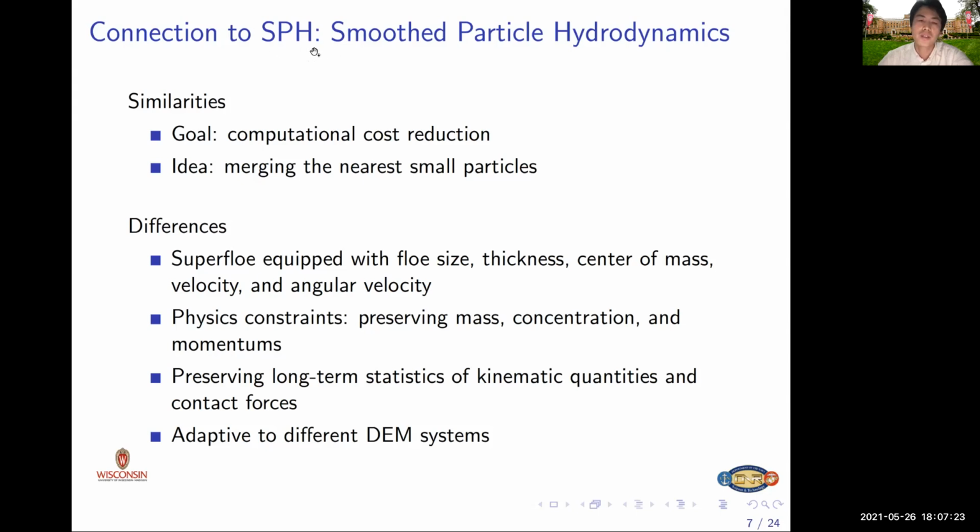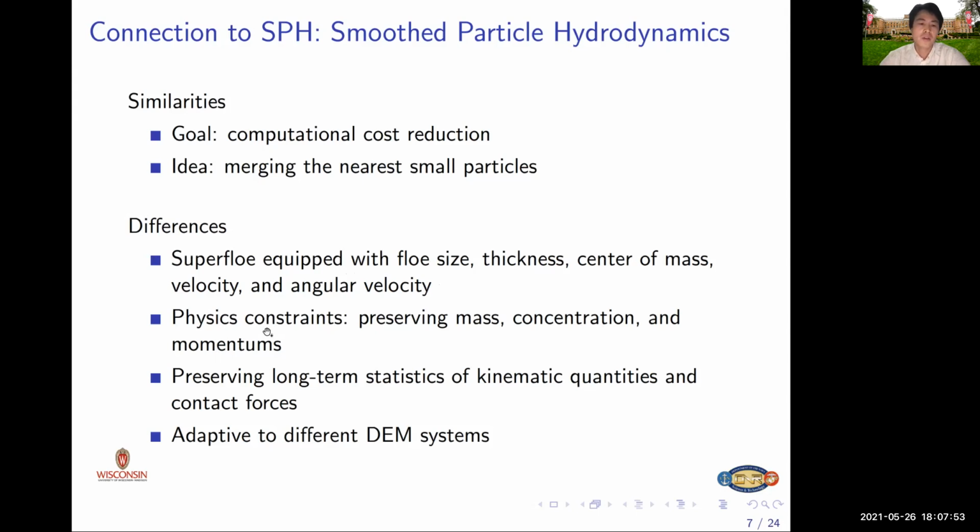For SPH, there are two steps. There is a coarsening procedure, and here we are connecting to the coarsening procedure. The differences are that the superfloes are equipped with physical quantities like floe sizes, thickness, center of mass, velocity, and angular velocity, and we impose physical constraints to preserve mass, concentration, and momentums.